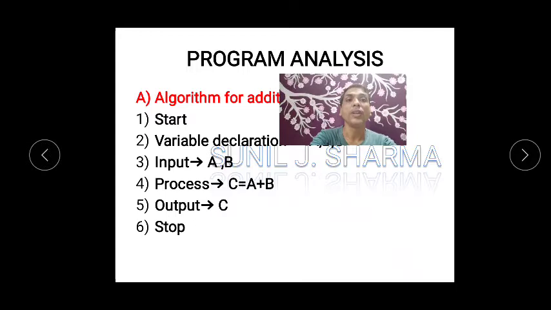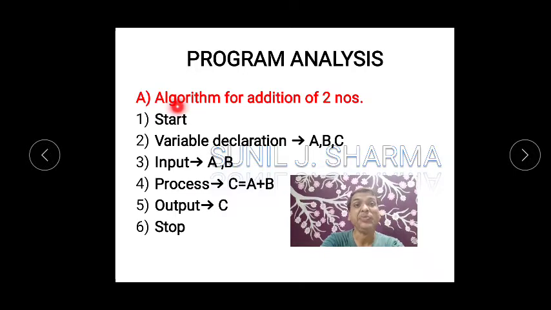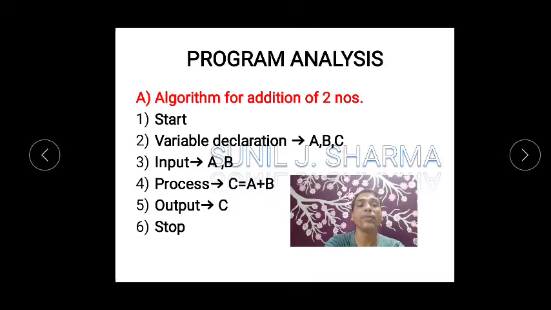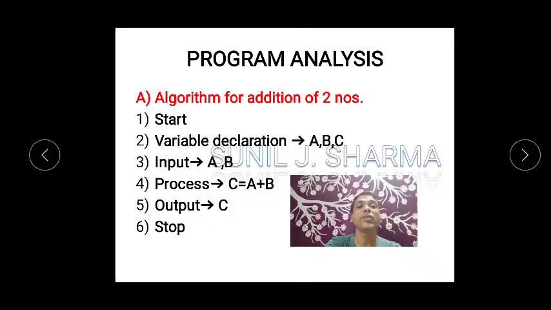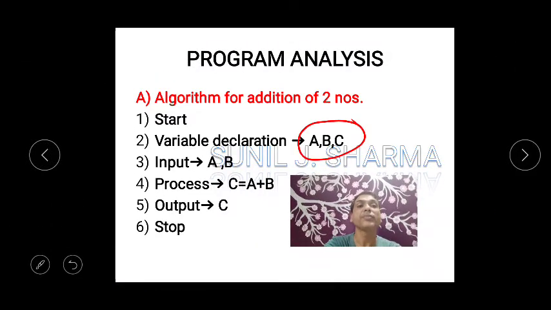Now I have taken some examples of how to write an algorithm. This is the problem: algorithm for addition of two numbers. So: start, variable declaration, input, process, output, and exit or stop. Start and stop are the steps we will be using, and whatever I used here are known as variables.